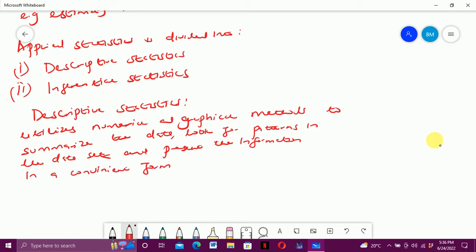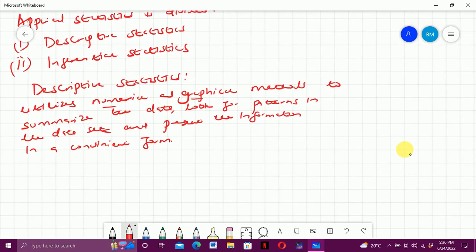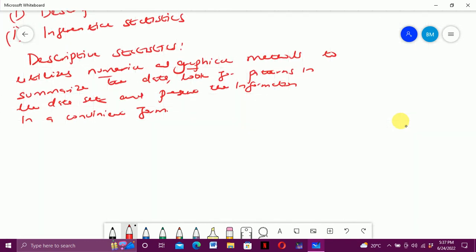So that is descriptive statistics. It utilizes numerical, that is numbers, and graphical methods to summarize the data, look for patterns in the data set, and present the information in a convenient form.